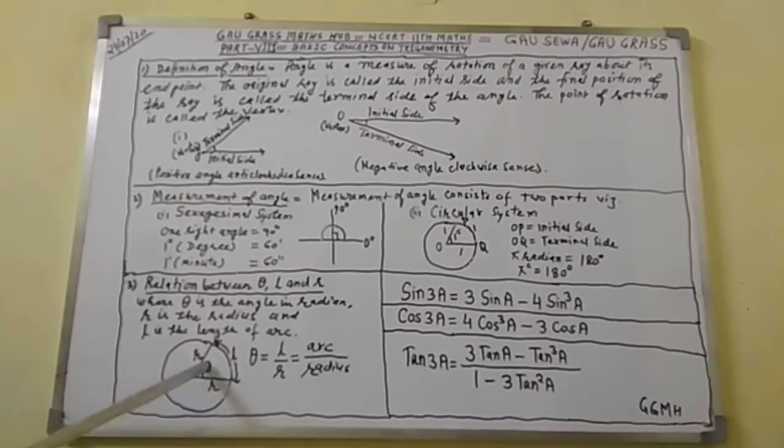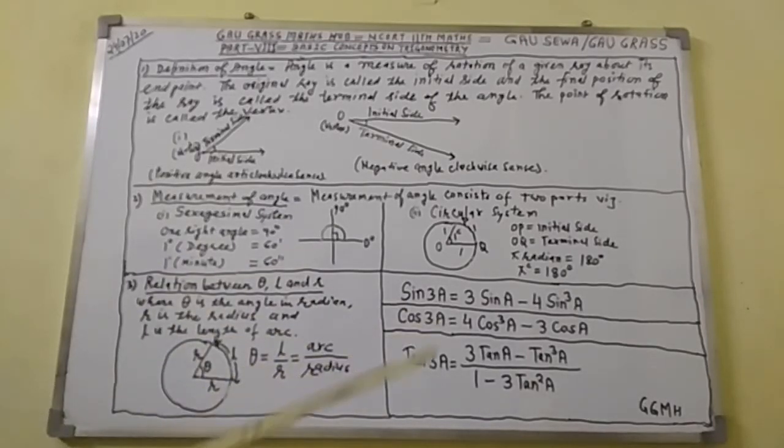If you denote this angle theta, then opposite the angle theta you can see this is the length, denoted by L, the length of the arc. In the sense of tan theta equal to perpendicular over base, if theta is very small, then tan theta becomes theta. So theta equal to length of arc over radius, that is arc over radius.